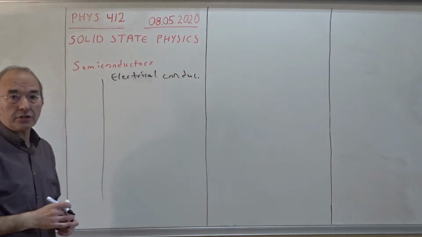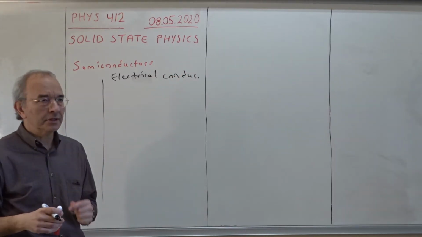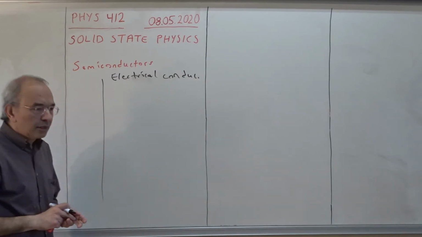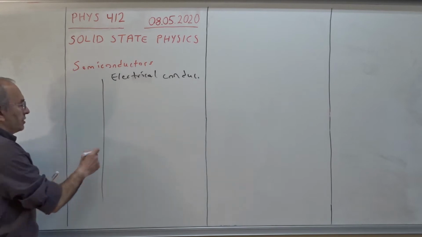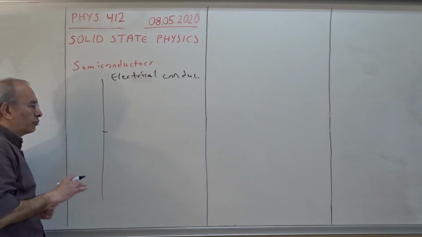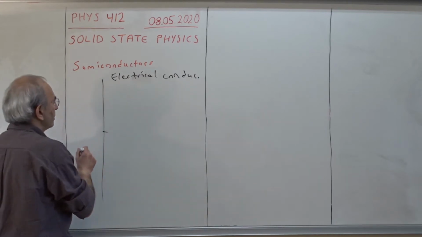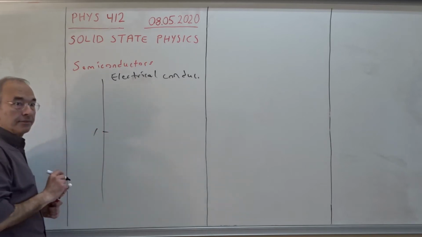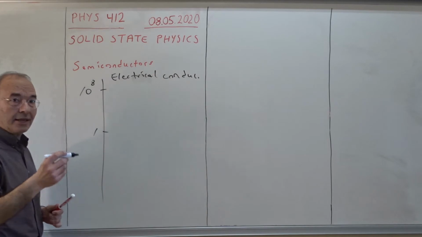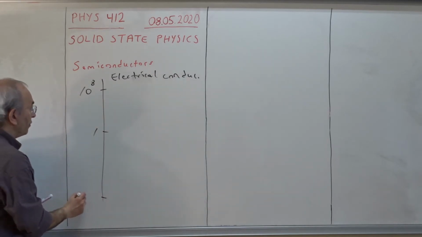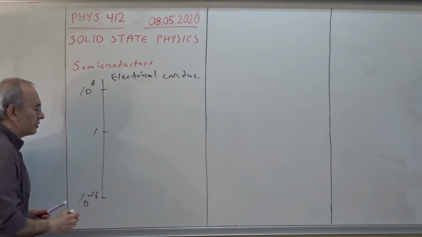Electrical conductivities of some materials, some typical values. This is a logarithmic scale rather, because, for instance, let's choose some sort of reference level, let's call it 1. Here we have something on the order of 10 to the 8, and somewhere here we have 10 to the minus 16.